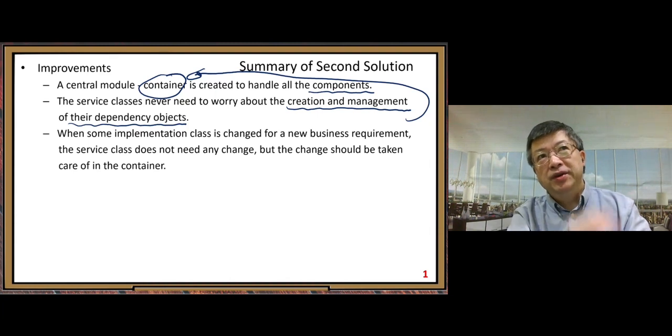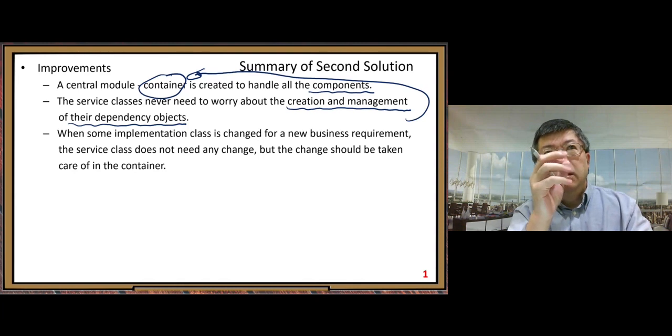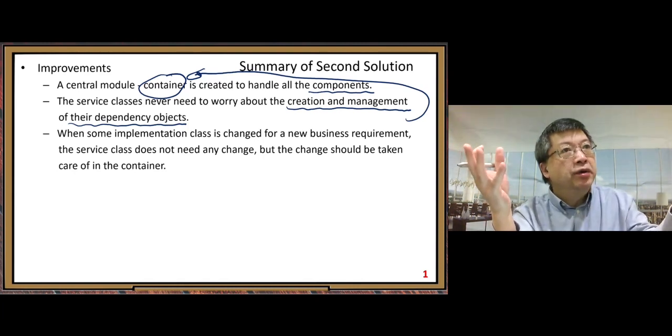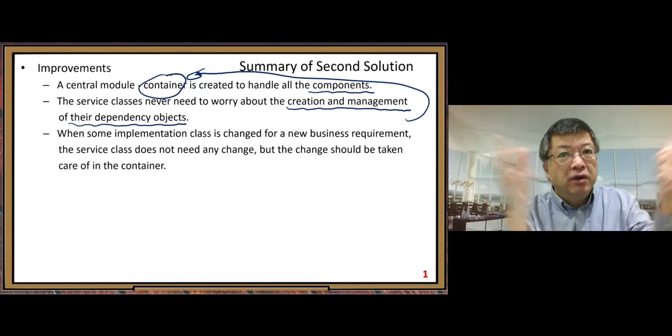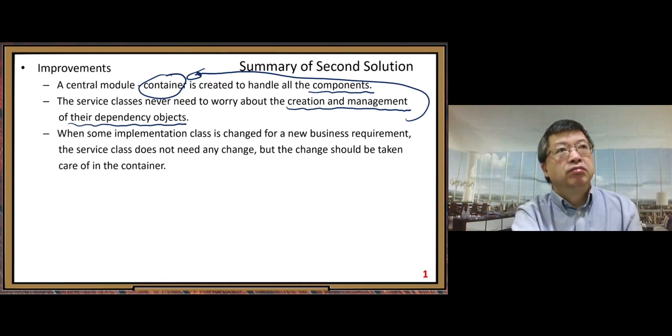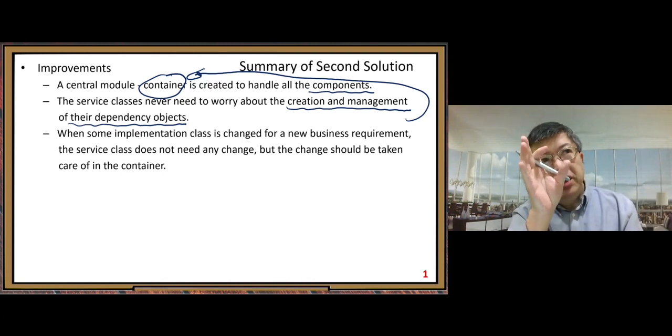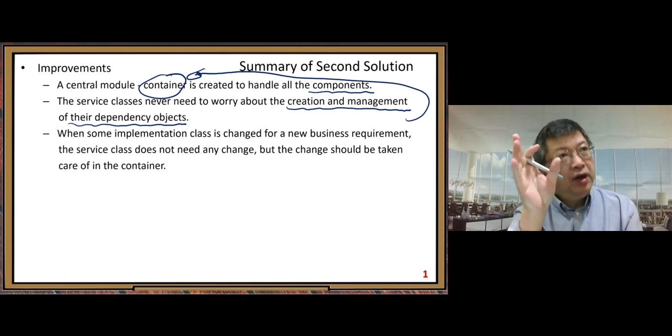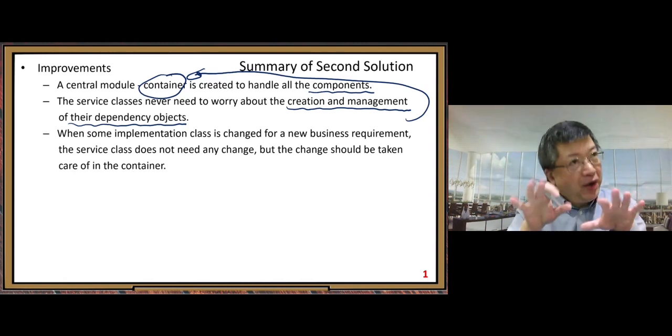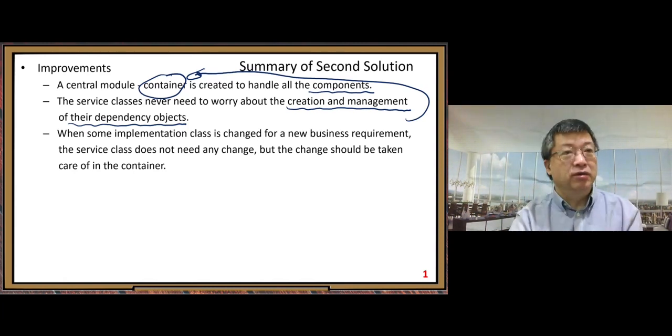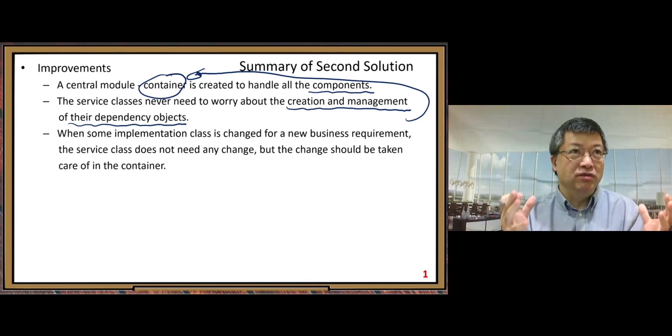When you change a dependency object, do not change any Java code in your service class. Only change the container. In the container, we can change the Java code. It's a central module, right?